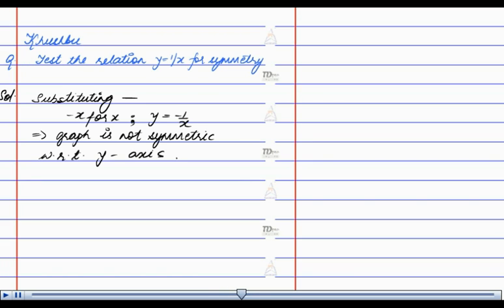Next, substituting -y for y, we get -y = 1/x. So, the graph is not symmetric with respect to the x-axis.